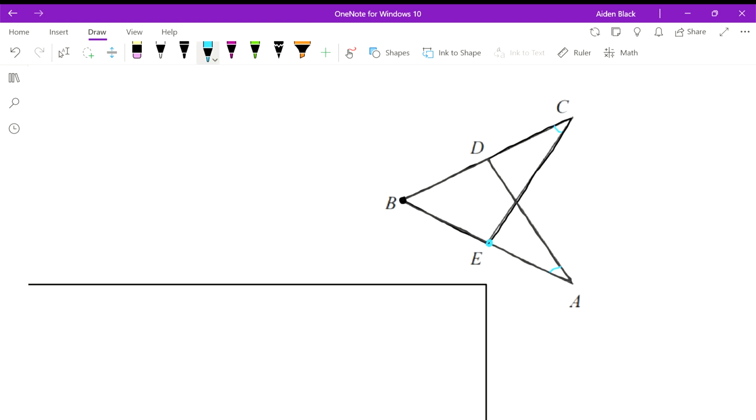And I'm going to write this so that we are considering the other vertices of the triangle. So, for example, angle C can be written as angle ECB, and angle A can be written as BAD.